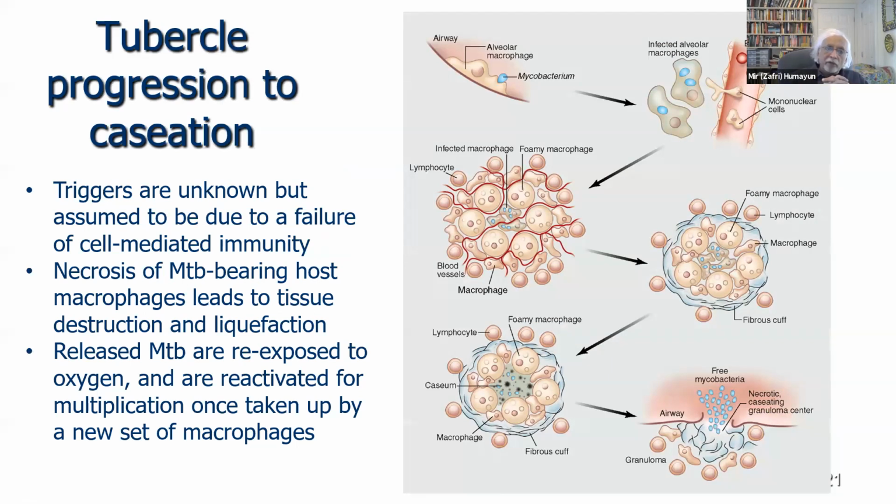This is another view of the progression of a granuloma, or a mature granuloma called a tubercle, to the stage of caseation. Now we mentioned that in latently infected patients, the granulomas remain stable virtually the entire lifetime.